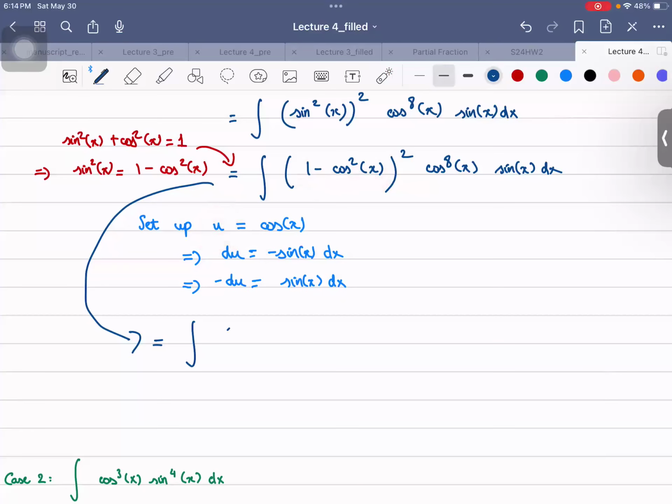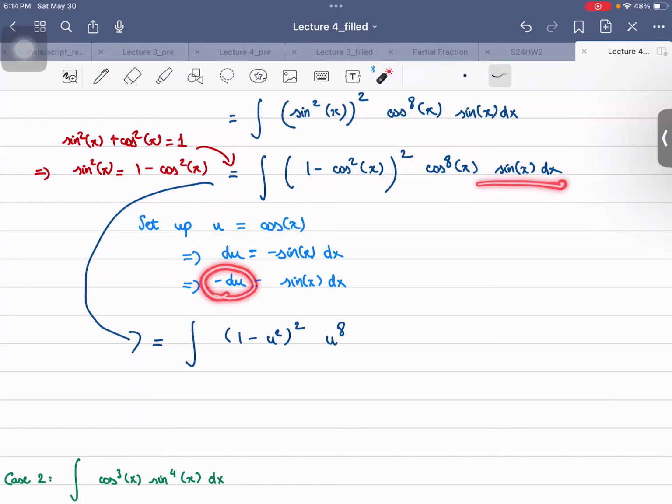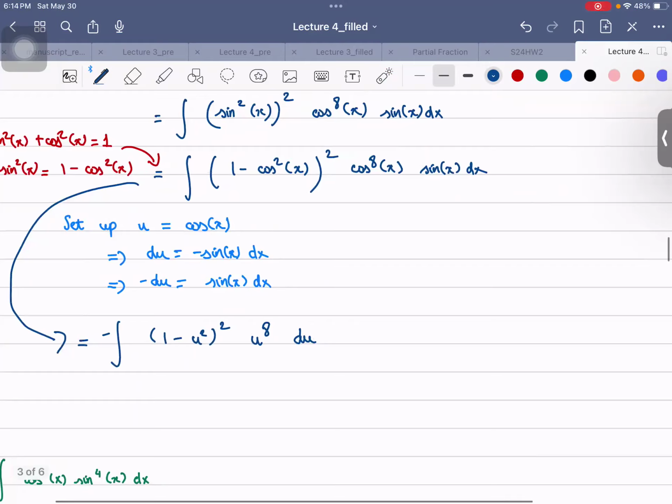I have (1 minus u squared) squared. This is cosine to the power of a, and u is cosine, so I have u to the power of a. And sine of x dx will be negative du, so I have du with the negative sign in front.